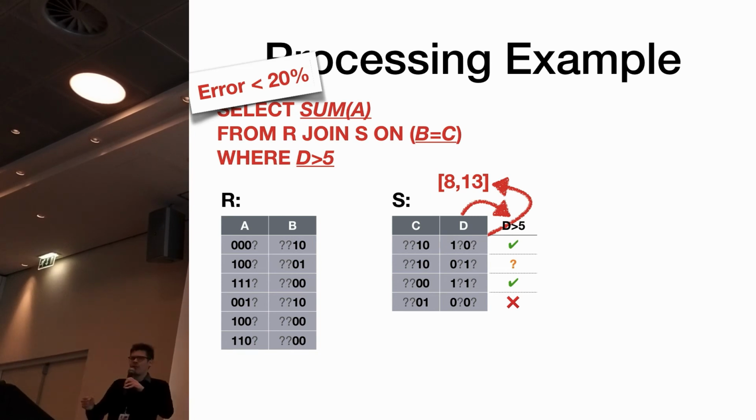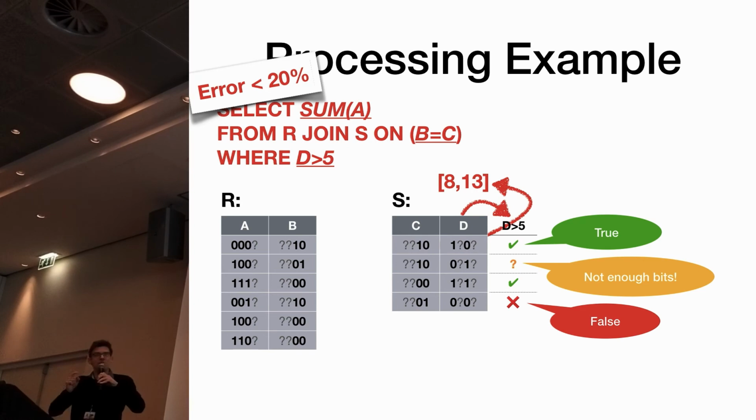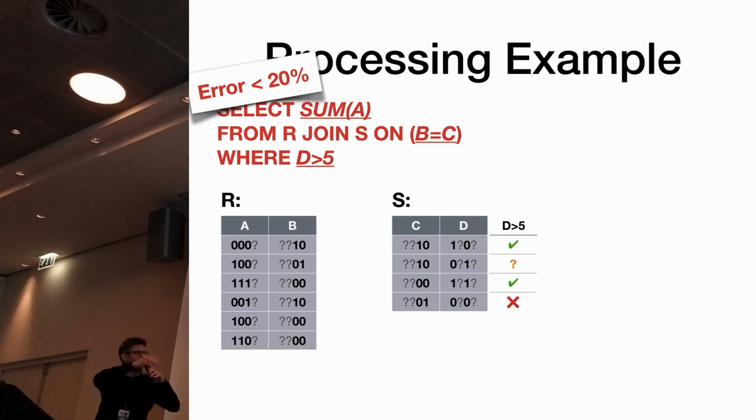For other rows, we can conclude that they certainly do not satisfy the predicate, while for other rows, even neglecting the possibility of null values, we will be unsure about whether the predicate is satisfied or not, because it depends on the bits whose value we do not know. All right? Good. So now we have an evaluation result for each row of S.